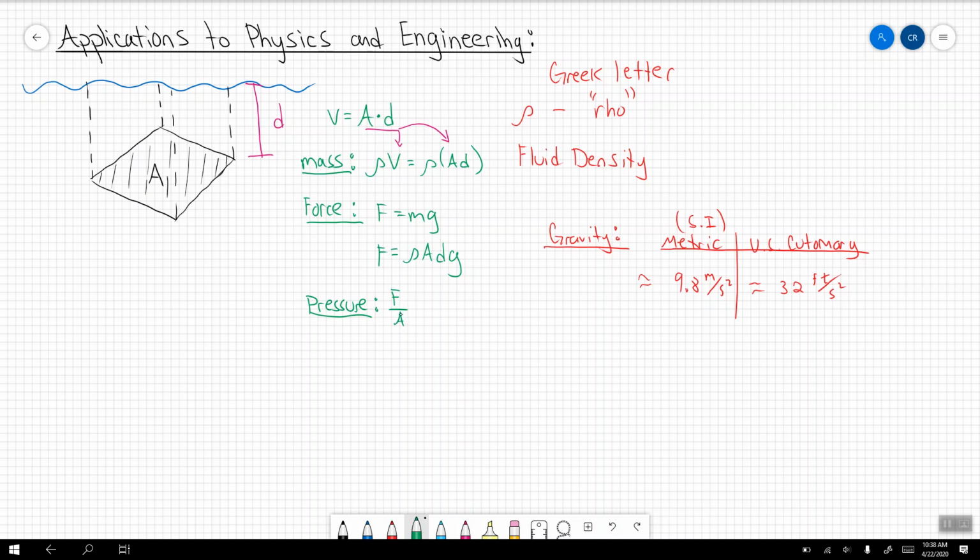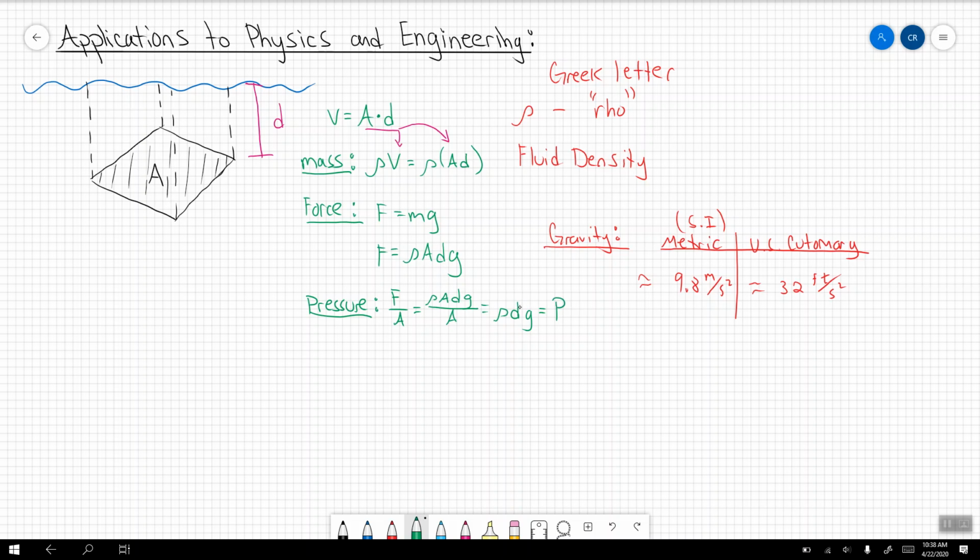Force divided by area gives the pressure. This is rho times A times the distance times gravity, divided by its area, which means the pressure is just rho times the distance times gravity. And this is how we define pressure.